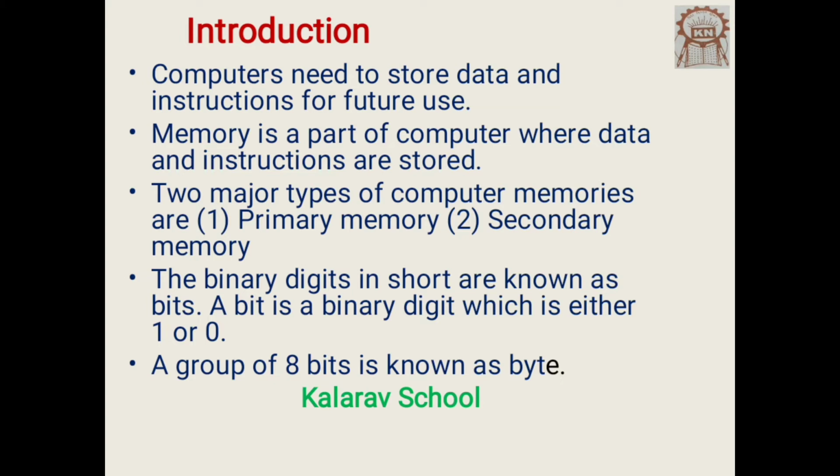Memory information in the memory of a digital computer is stored in form of binary digits 0 and 1. Storage capacity of a computer memory is measured in terms of bytes, in form of kilobytes, megabytes, and gigabytes.